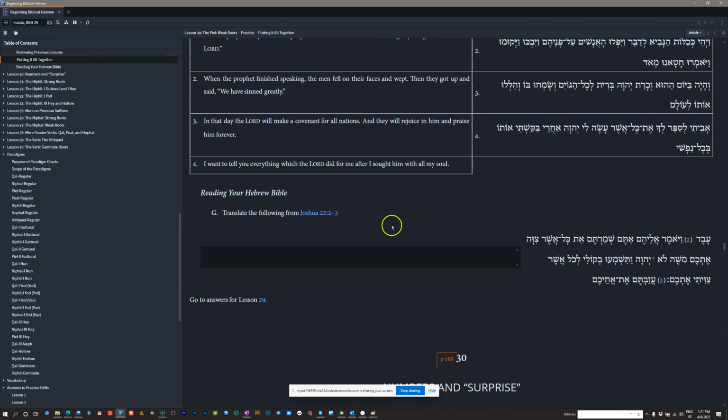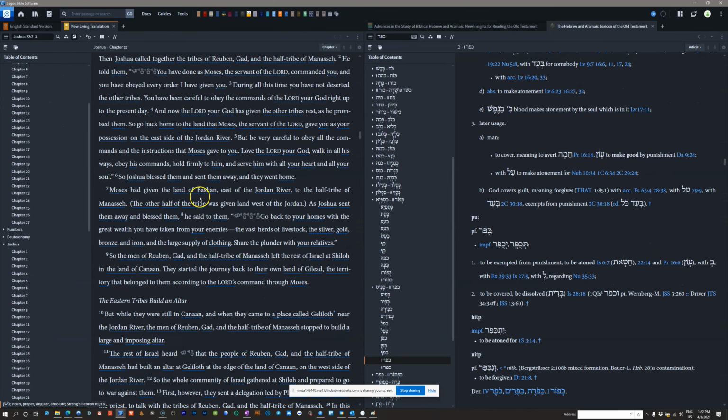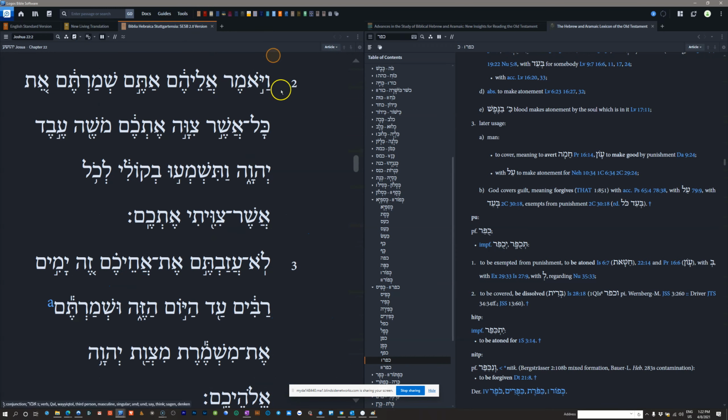All right, and then finally, let's take a look at Joshua 22:2-3. These always get a little screwy on my, I think this is out of order. So I'm just going to go to Joshua 22:2 in my Hebrew. All right, so let's just look at the full verse.